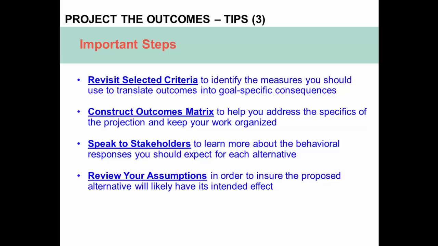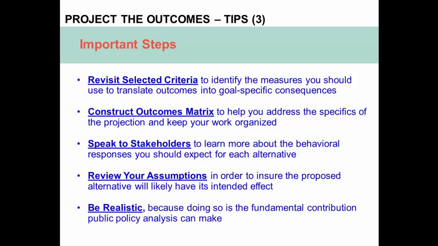Try and ensure that the proposed alternative will likely have its intended effect. Lastly, remember to be realistic, because doing so is the fundamental contribution that public policy analysis can make. Realism is one of our most important advantages in public policy analysis.